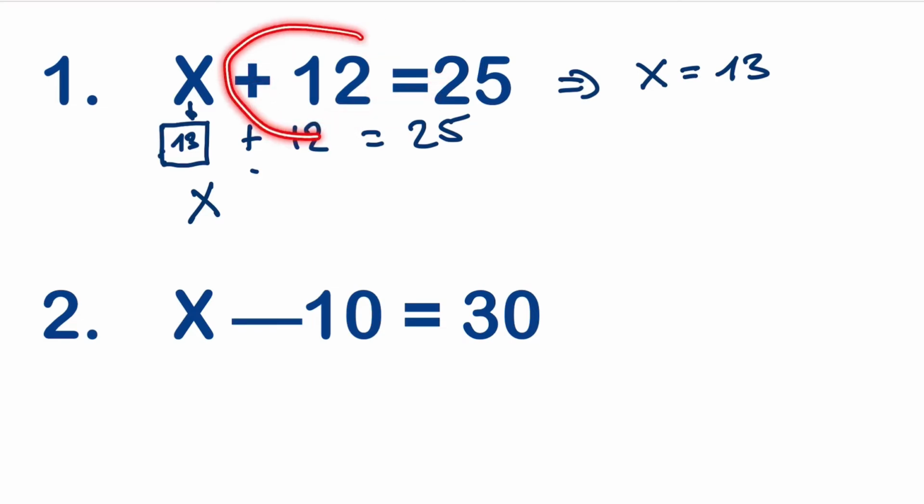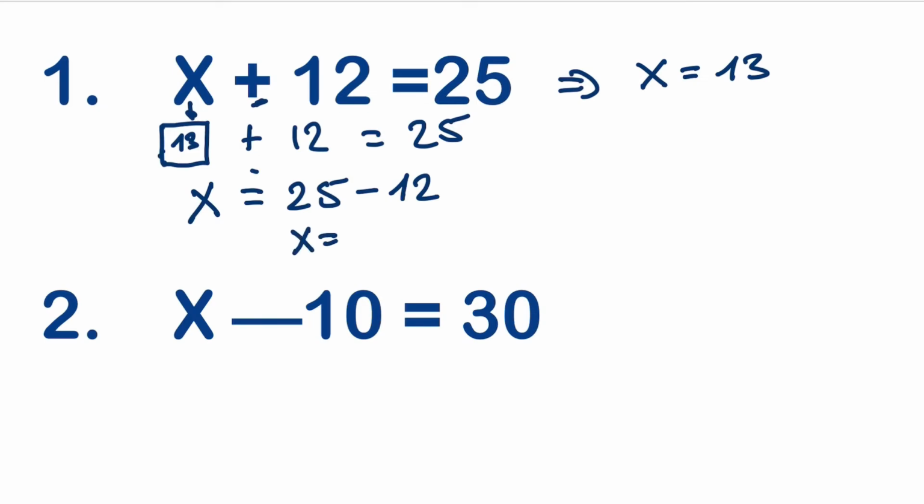So we can take this plus 12 here and it will become minus. So if we do that, we are going to have 25. When the plus crosses the equal sign, it will change to minus 12. So x will be equal to 25 minus 12. So x will be equal to 13.